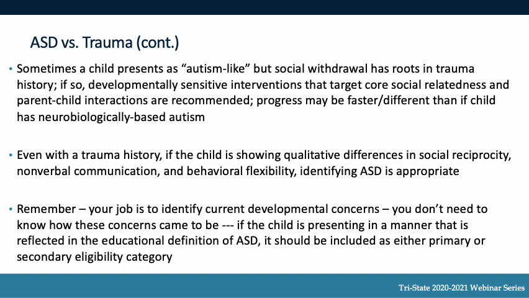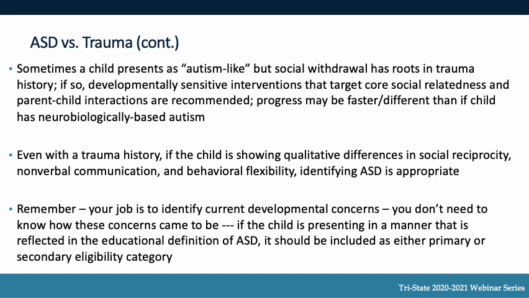As much as you need to know, is the child presenting with a set of behaviors or features that meet the educational criteria for an autism spectrum disorder, if you're working in the school system? It could be that you think trauma may be driving this, but the child is meeting criteria for autism. It could be that the behaviors that are associated with autism are the things that are getting in the way of accessing an appropriate education.